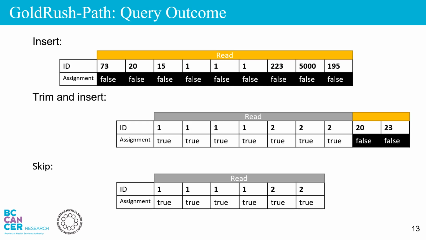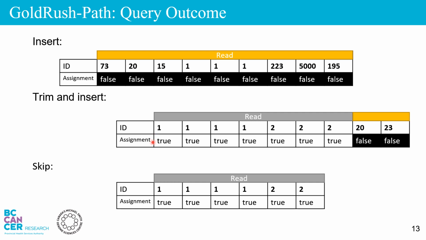After some more processing, we determine the query outcome of the read. In the first example here, every tile in the read is given a false assignment. This means that none of the tiles are found in the golden path, and we want to insert the read in its entirety.